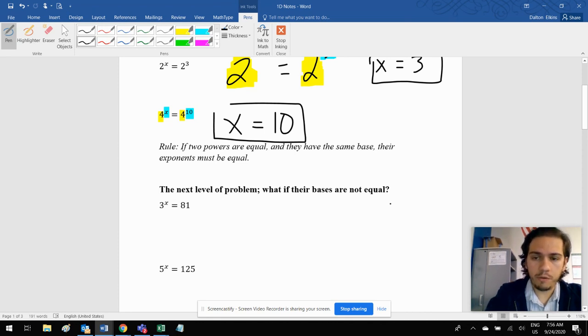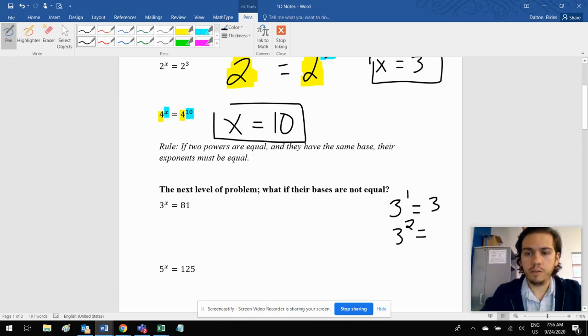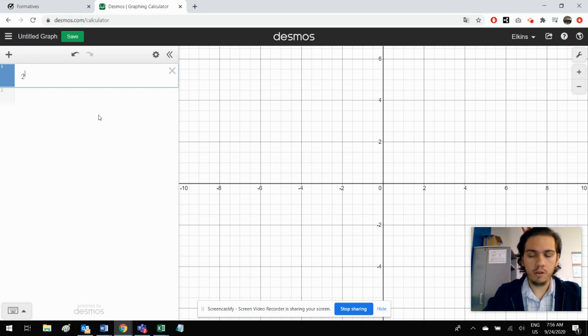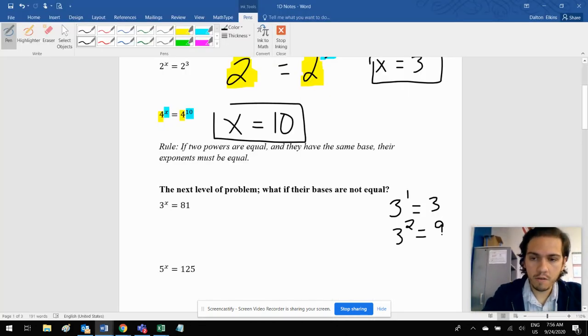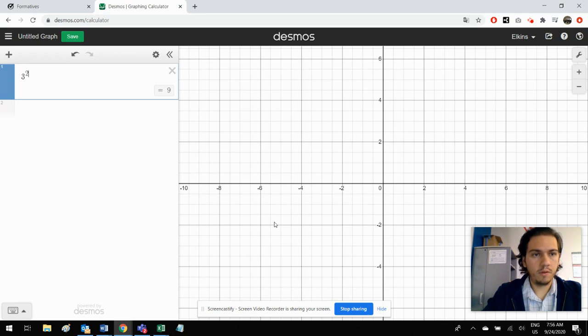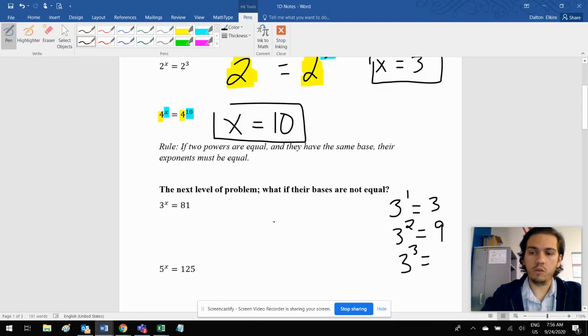So let's think of our powers of 3. We have 3 to the power 1. That's 3. What about 3 to the power 2? I'm again going to flip over to Desmos. 3 to the power 2, okay, that's equal to 9, which isn't 81, but we're getting there. 3 to the power 3. That's 27.